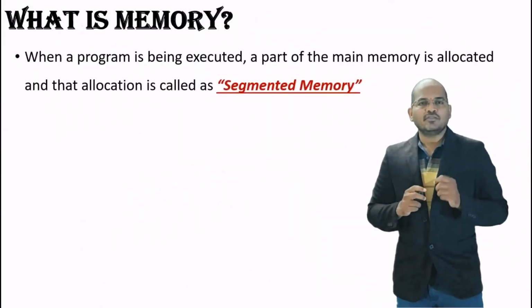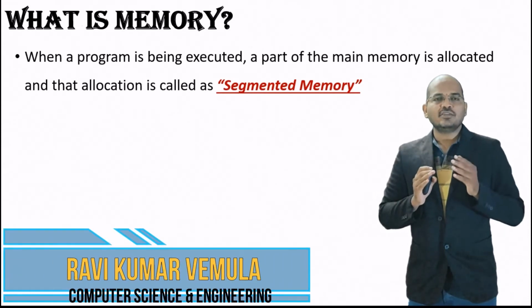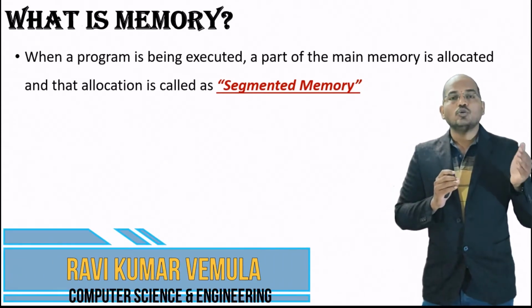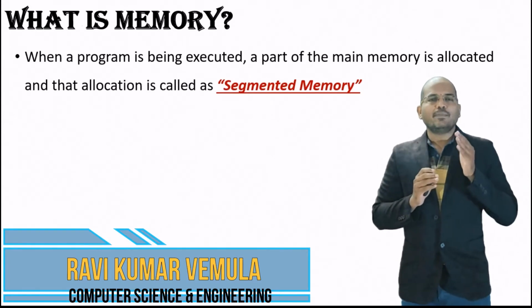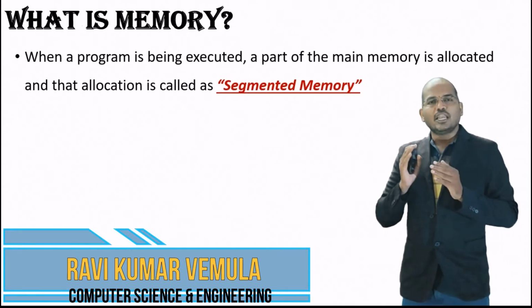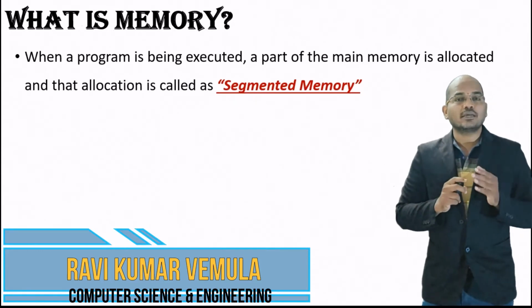What do you mean by segmented memory? It is a part of memory which is assigned by the OS to load the program. When a program is being executed, a part of the main memory is allocated, and that allocation is called segmented memory.